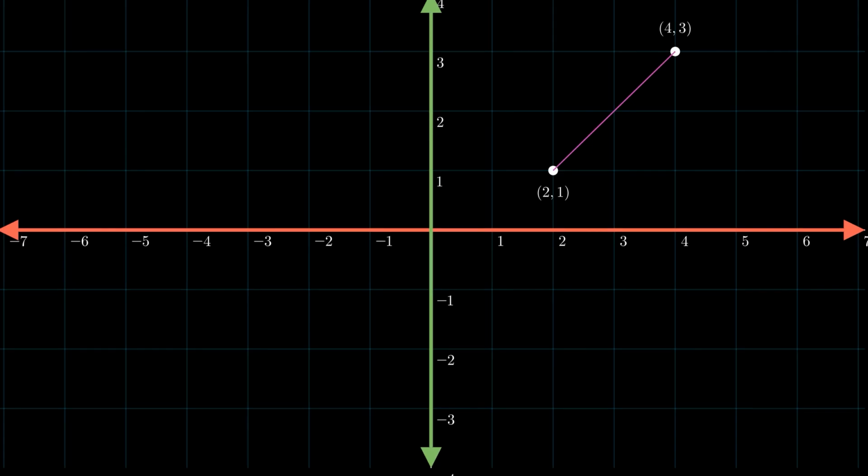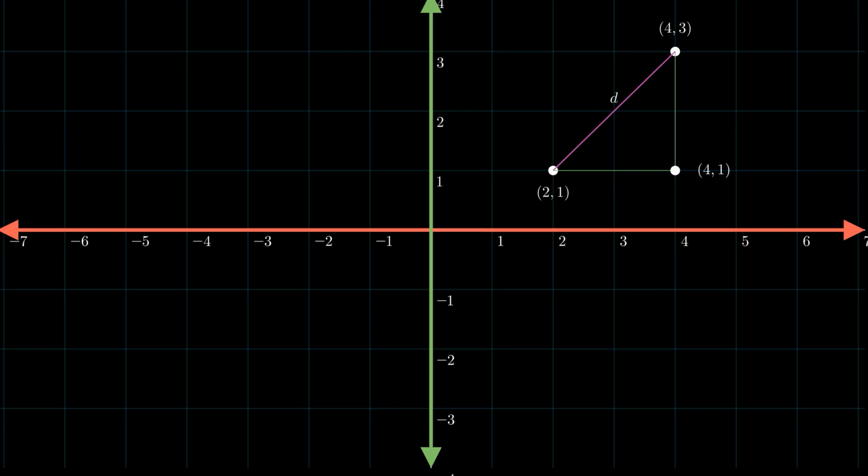Let's label this distance as d. To find the distance between 2 points, we can form a right triangle using the 2 points by drawing a line perpendicular to the x-axis from one of the points and a line perpendicular to the y-axis from the other point, such that the 2 lines intersect at a point with coordinates 4, 1.